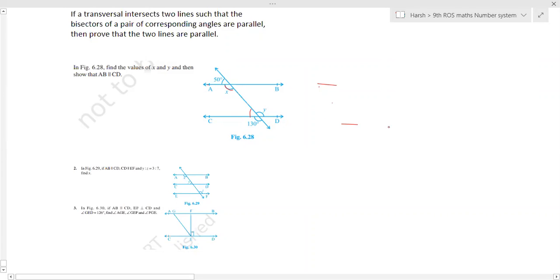If two lines, let's suppose these are not parallel lines and this is a transverse, if you prove that this plus this is 180 degrees, then these two lines are parallel to each other. So x is equal to 130, and this is equal to 50. So 130 plus 50 is 180. So these two lines are parallel. Okay, fine. Thanks, sir. Second question.